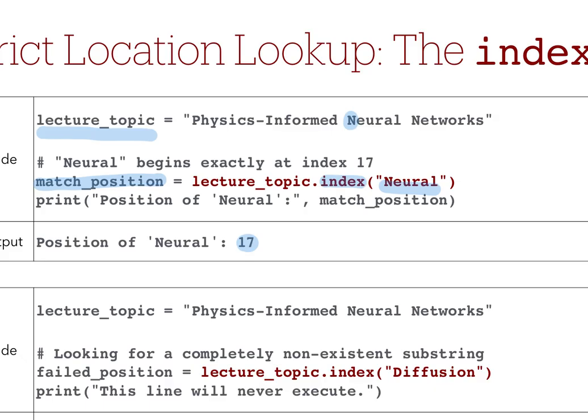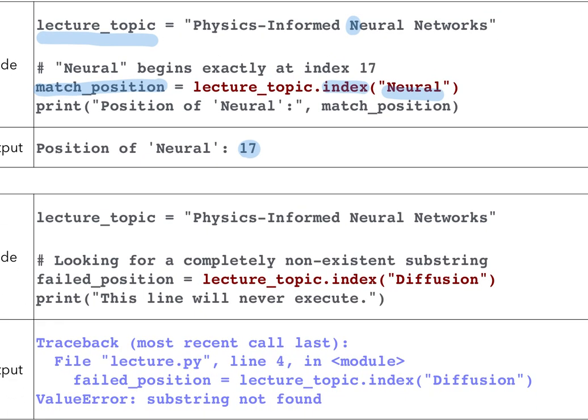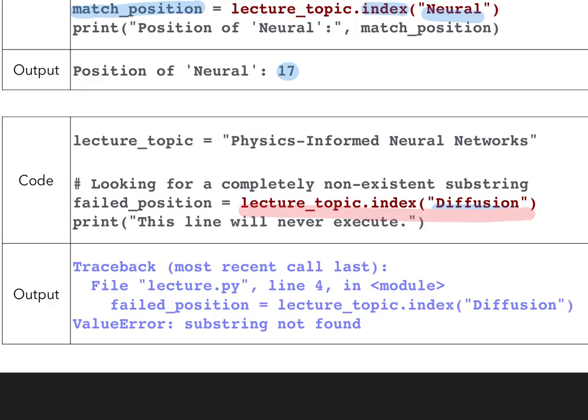The problem happens when the expression is not found in the given character string. If I try to find, say, diffusion from the character string, diffusion is not included in this lecture topic string. When that expression is not found, then before the assignment, this expression will return an error, which means the program stops.